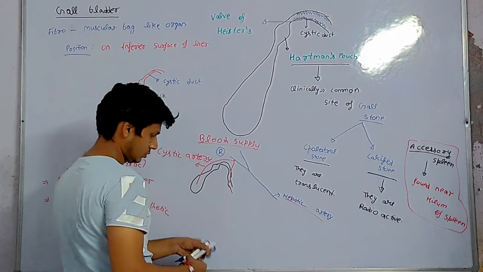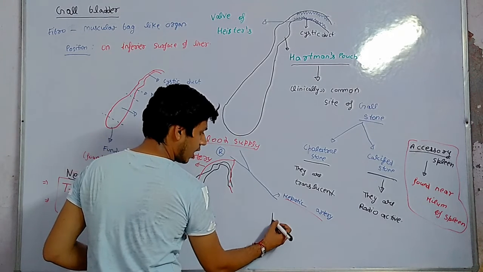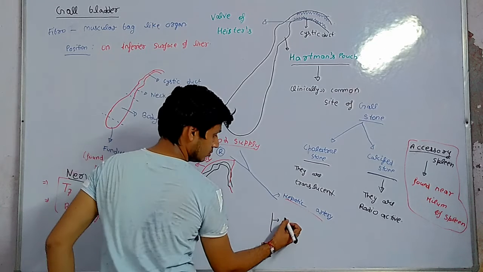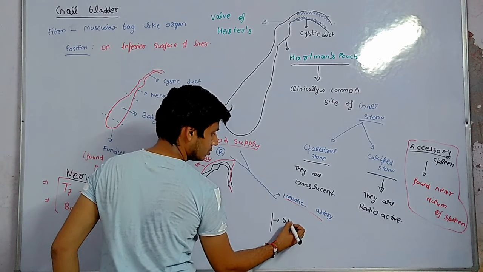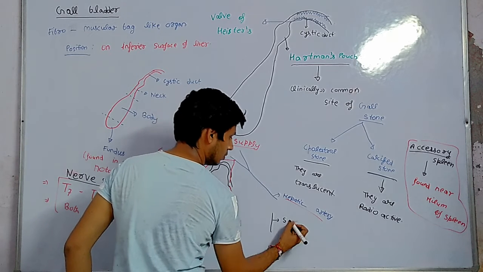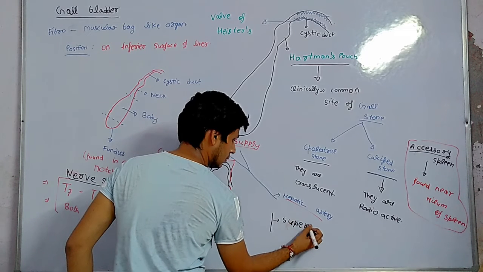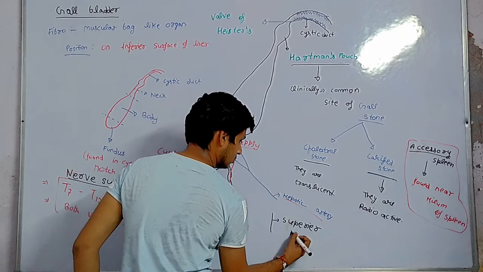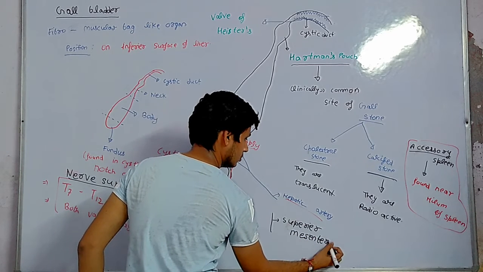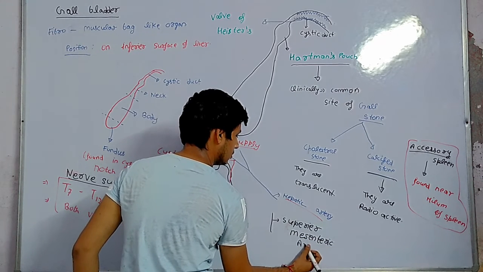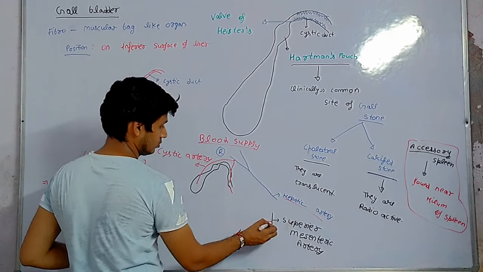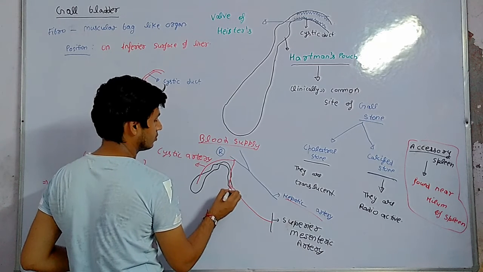Now we know there is the superior mesenteric artery here below, at the lower border of L1, which also supplies the cystic duct.